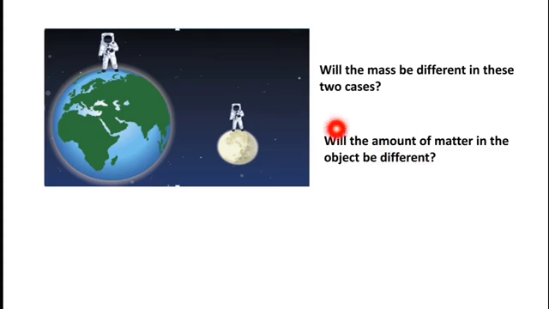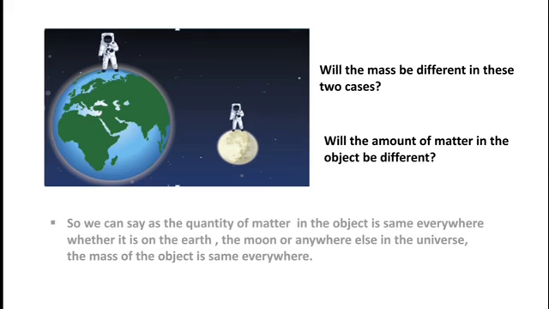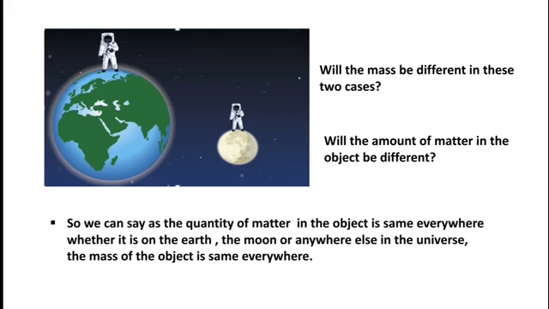Either we place it on the surface of Earth or on the surface of Moon or anywhere else in the universe. So from this example, it is clear that the quantity of matter in an object is the same everywhere, whether it is on the Earth, the Moon or anywhere else in the universe. It means the mass of the object is the same everywhere, or constant everywhere.